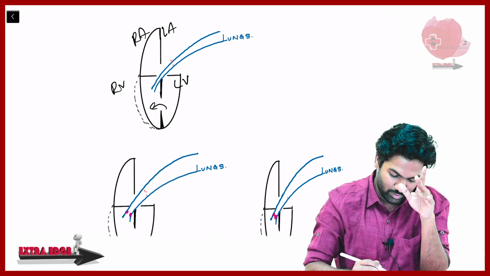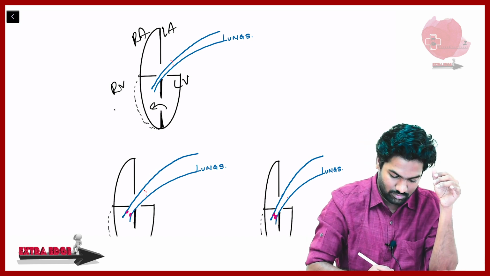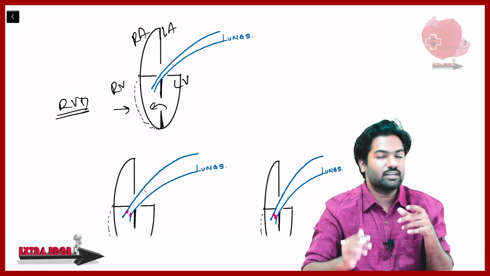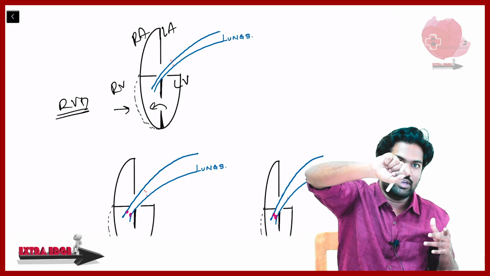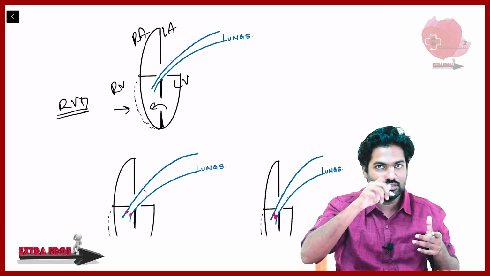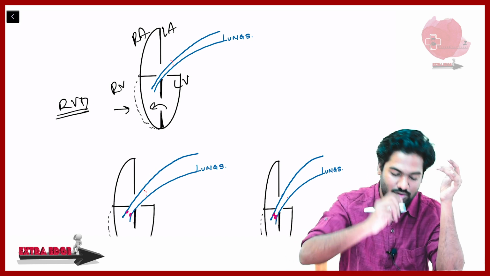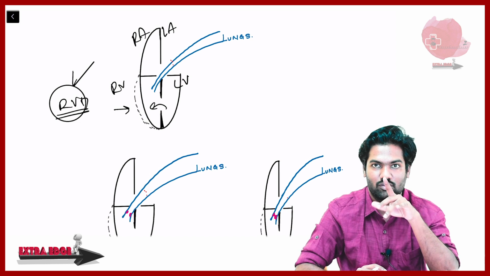Here the flow is going from left to right. So the right ventricle is the one which will undergo right ventricular hypertrophy. Why is this happening first? Because there is pulmonary stenosis also. The pressure is acting and the volume is also acting. That is why right ventricular hypertrophy occurred very first, and that is also one of the important features to diagnose TOF.